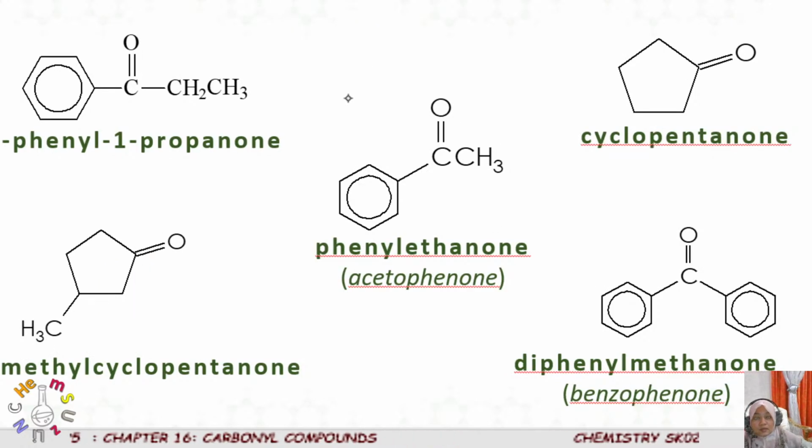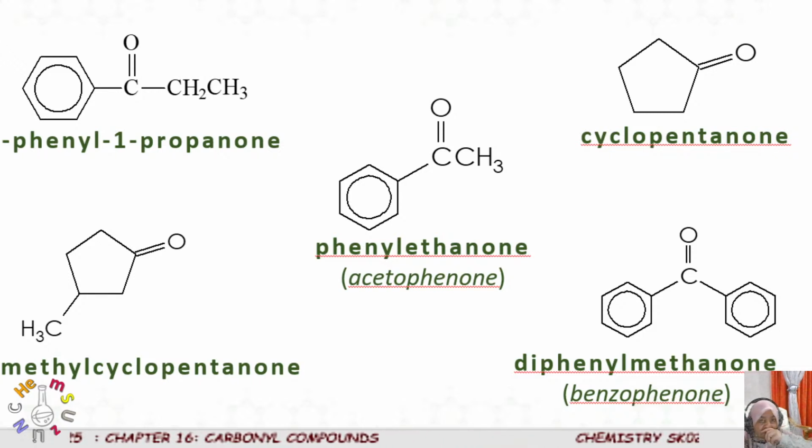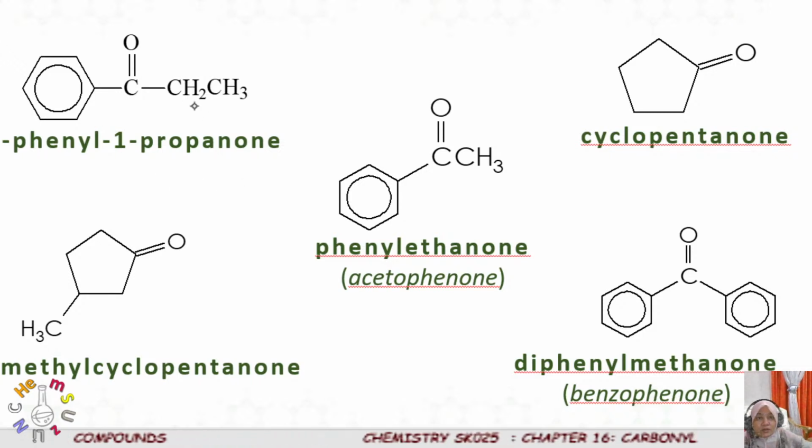Next is example number 3. It is a combination between an aromatic ring and the ketone.